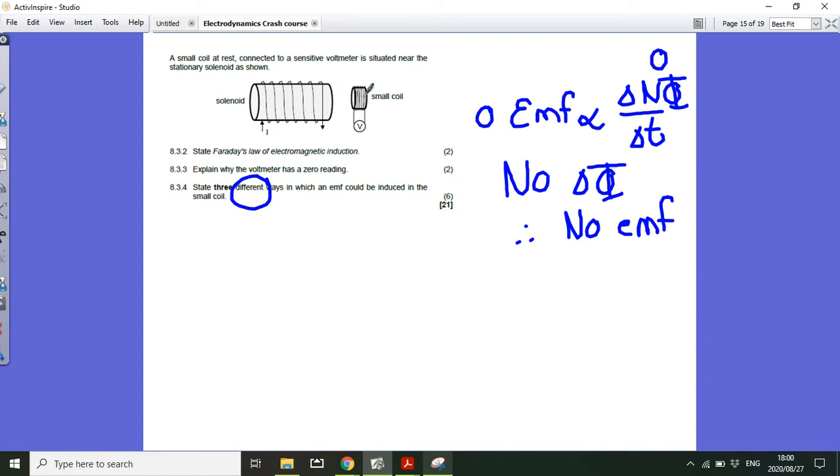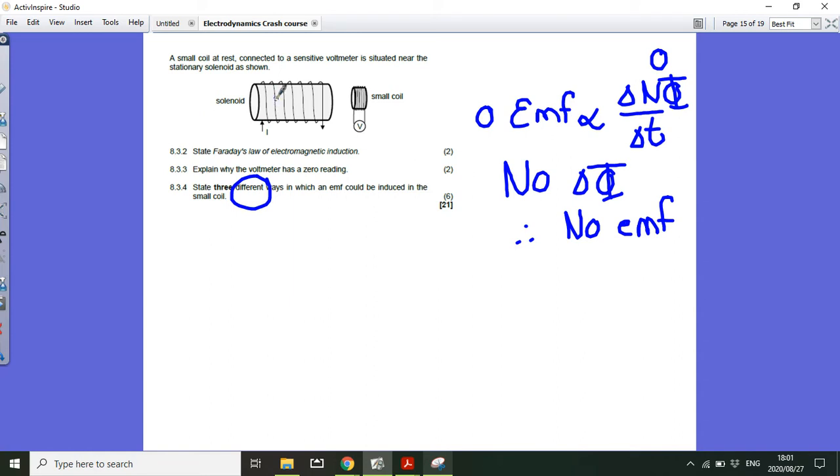The other way you can do it is to rotate one of them. So you can say rotate this coil or rotate that coil. Then the last thing you can do is change this current. But you can't just say use a higher current or use a lower current.